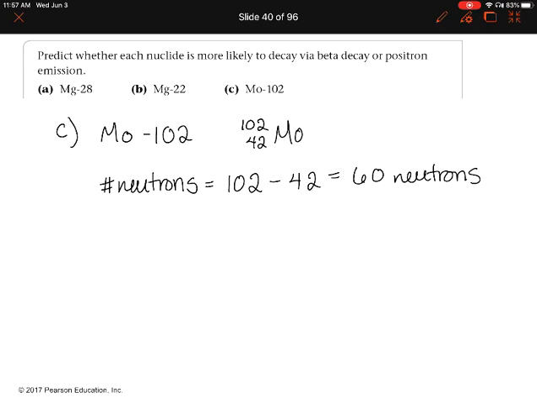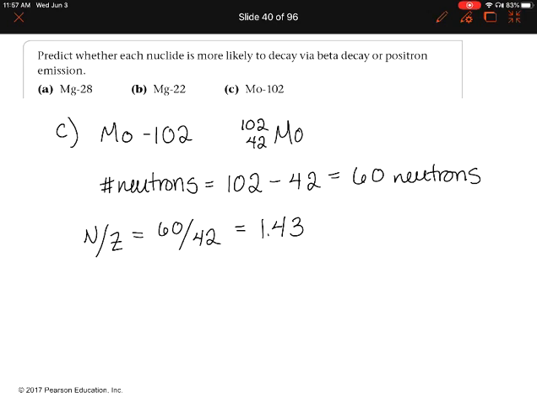Now let's compare that to the number of protons. So 60 over 42, and we get a ratio of 1.43. Okay, so that might be a little high.